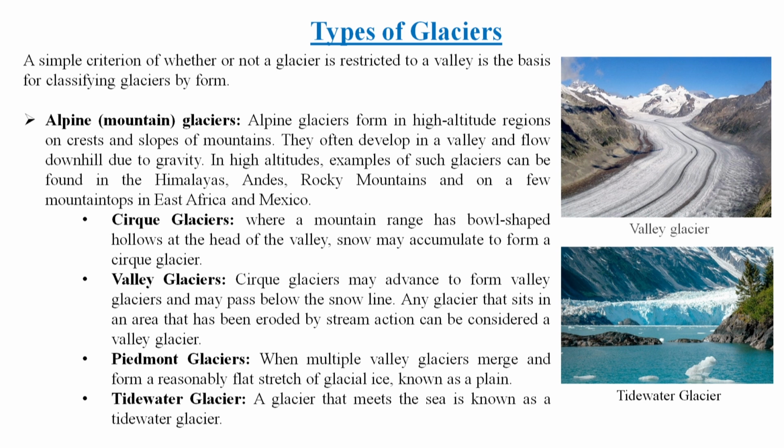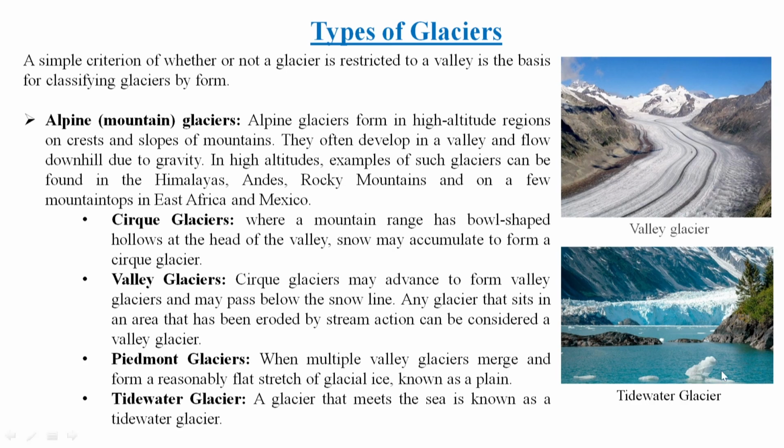If a glacier is down cutting the valley floor, we'll be seeing how it is a process that is involved in the movement of the glacier. If it is down cutting the valley floor below the ultimate base level, that is the mean sea level, in that case it will be considered a fjord. So fjords are typically glacial valleys which can cut even below the ultimate base level of a region, that is usually your mean sea level. Tidewater glacial fjords are also an example of this, where your glacier meets the sea.